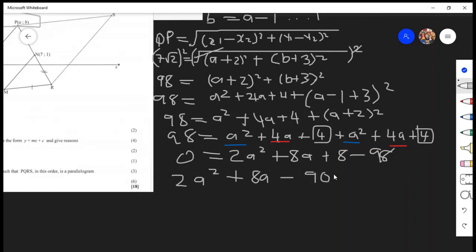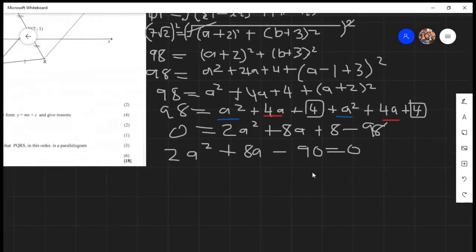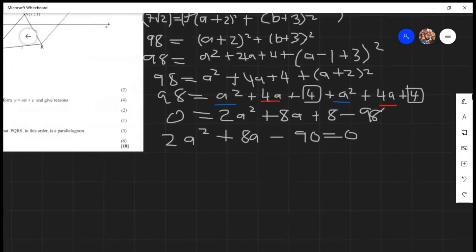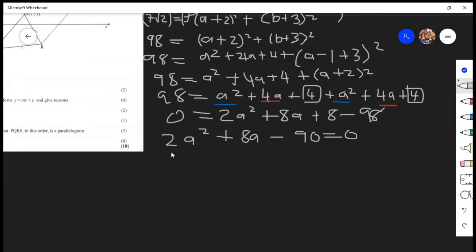Now we can actually write this in standard form. So you guys can see that the only common factor here would be 2.